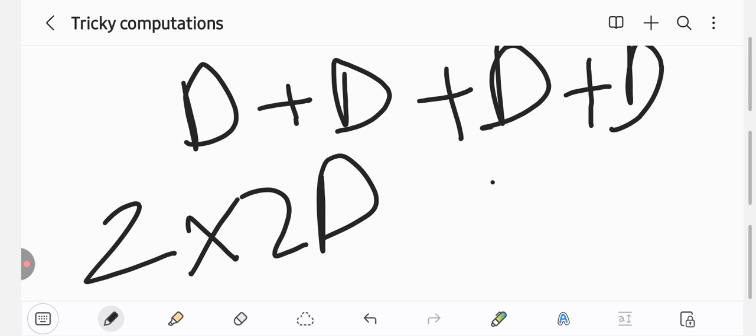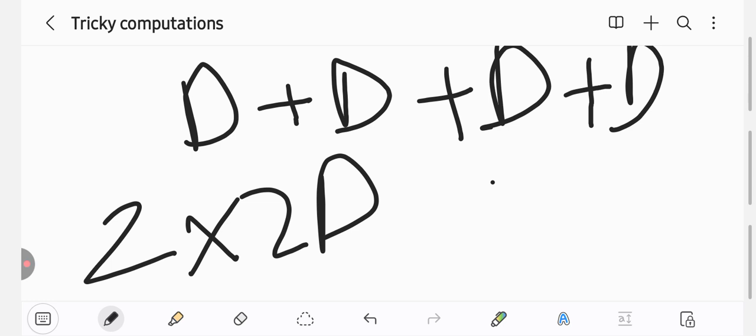When you write 2 times 2 times c times d, that means d is getting added c times, and 2 times 2 means 2 is getting added 2 times, or 4. So c times d is added 4 times, which is 4cd.